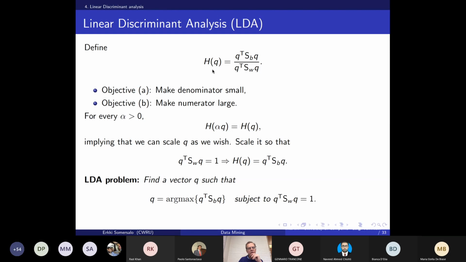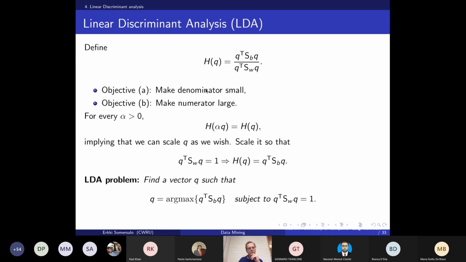So I'm defining this h of q in such a way that maximizing it is tantamount to achieving my dual goal of minimizing one thing and maximizing the other. So this is my tool to do that. It's a function of the projection direction q, and I'm trying to maximize that.